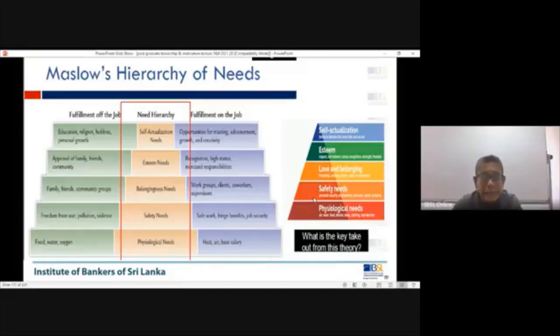That is why, when your salary is not enough, people go and shout and protest, demanding a proper wage. Why? To fulfill their physiological needs, an organization needs to give a good salary. People are fighting for that in the business world, right?